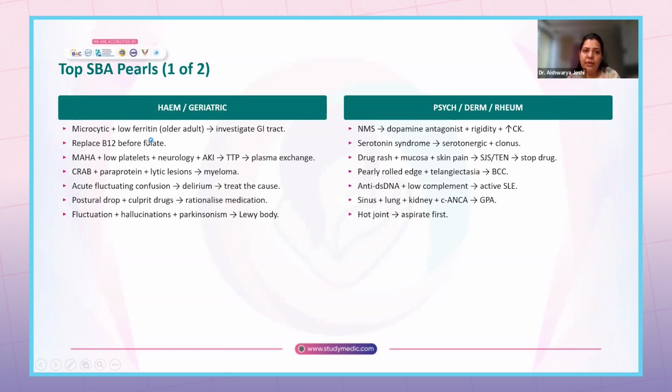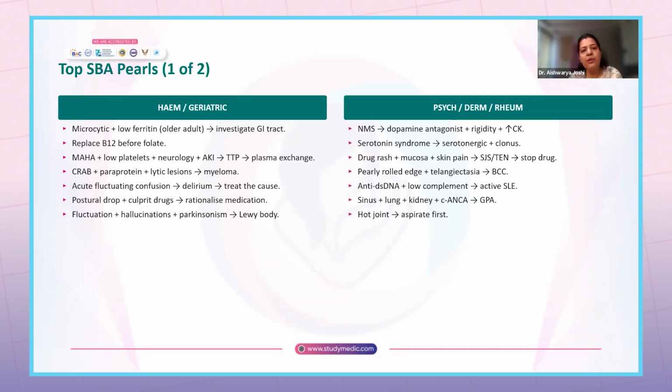Replace B12 before folate. Microangiopathic hemolytic anemia, low platelets, neurological symptoms with AKI indicates TTP clearly. The treatment is plasma exchange. No platelet transfusion, no steroid. Even if the platelet count is 10-15,000, immediately go for plasma exchange.